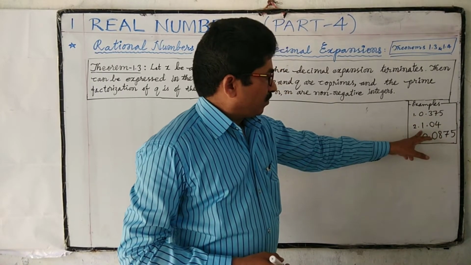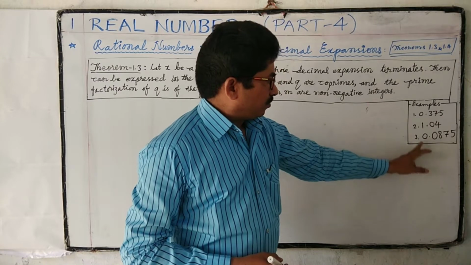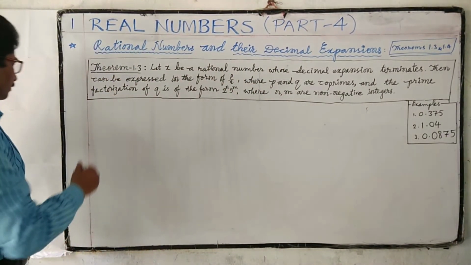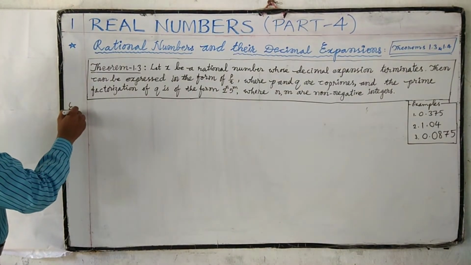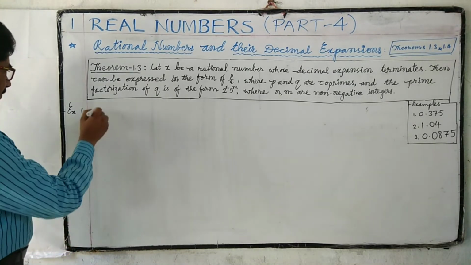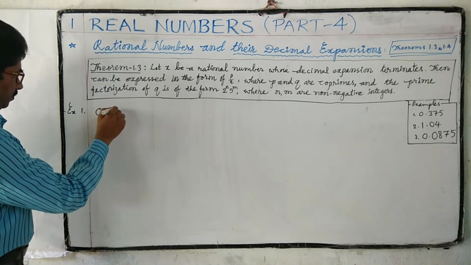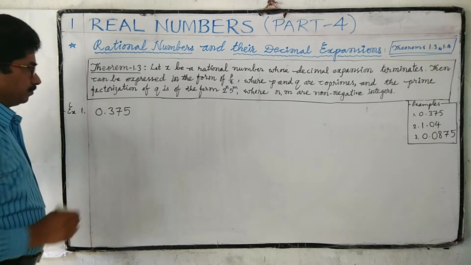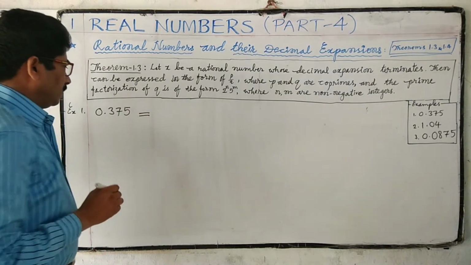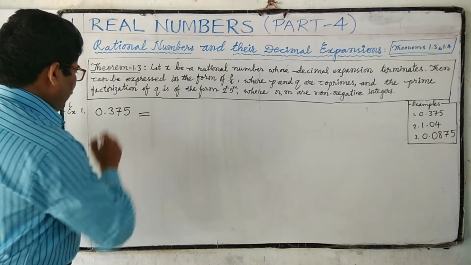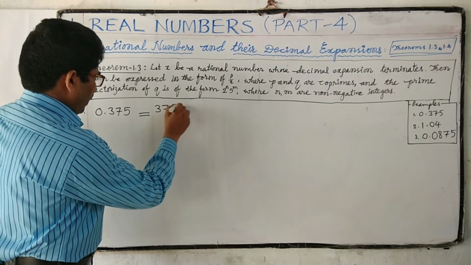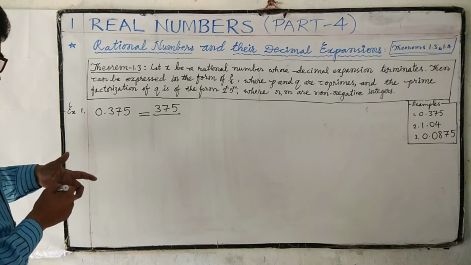0.375, 1.04, 0.0875. First, 0.375 is equal to 375 by 10 cube.